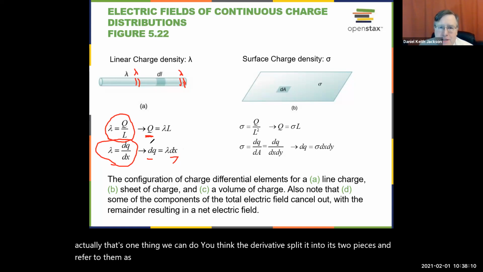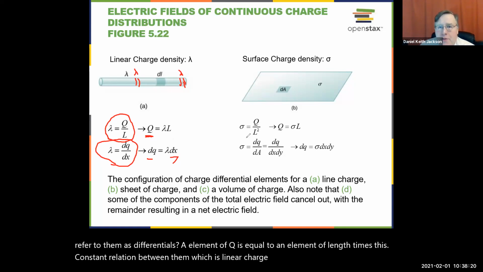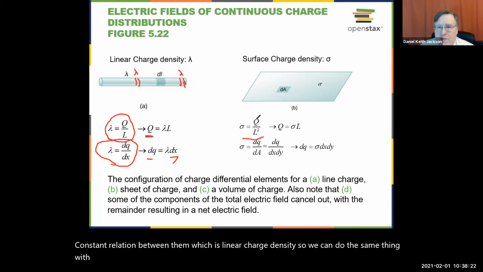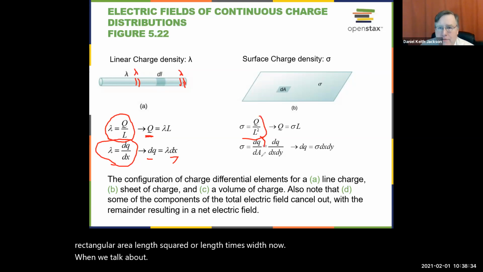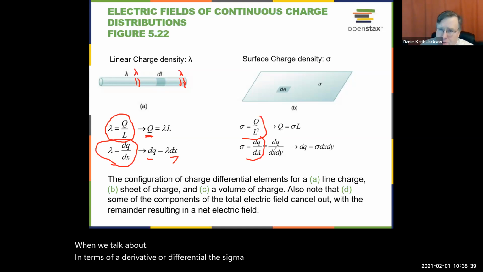An element of q is equal to an element of length times this constant relation between them, which is the linear charge density. So we can do the same thing with the surface charge density. It's just the charge divided by the area, for a square or rectangular area, length squared or length times width. Now, when we talk in terms of a derivative or differential, the sigma here is the amount of charge per area.